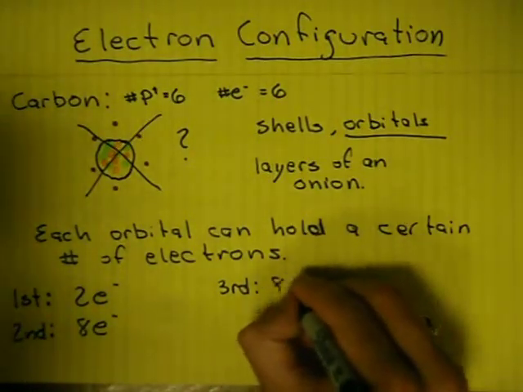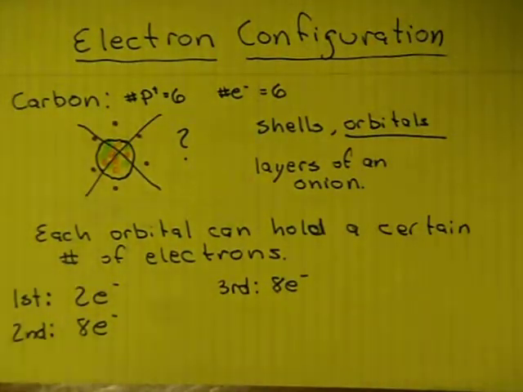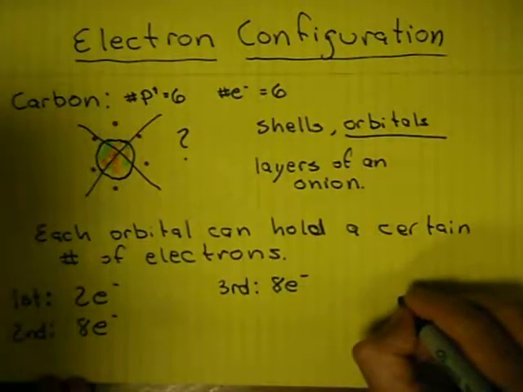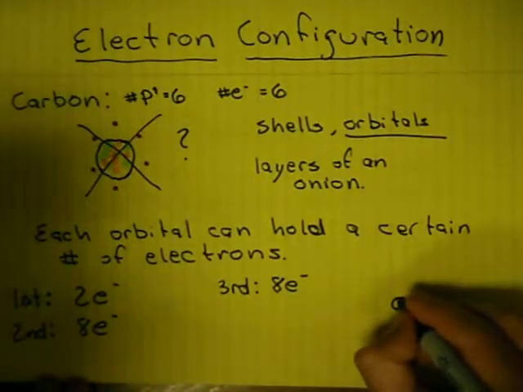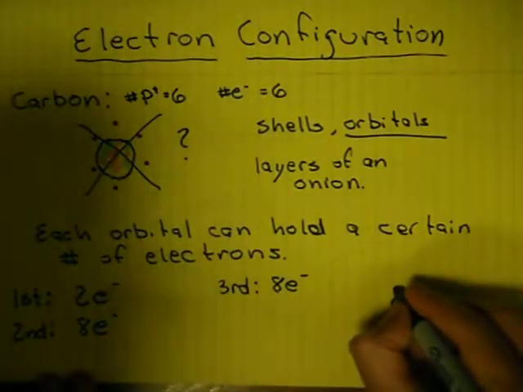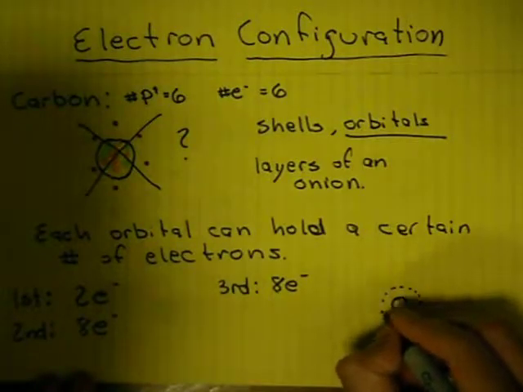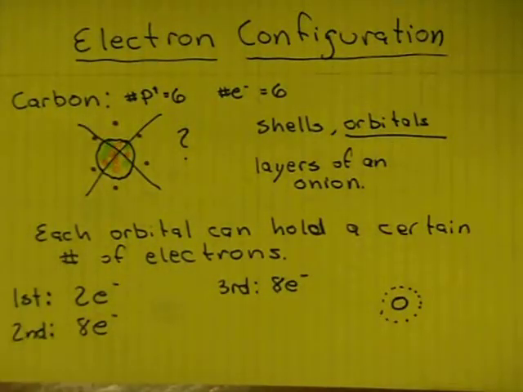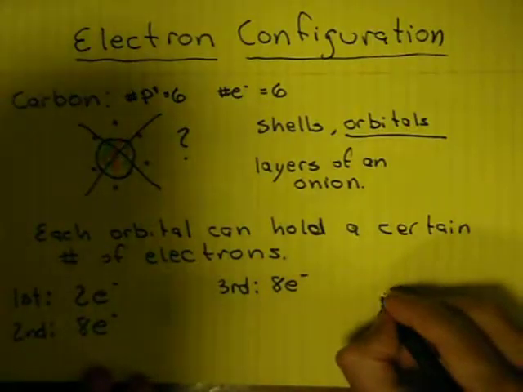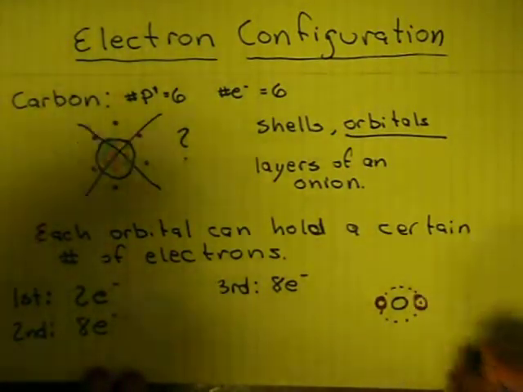So the way that we can conceptually think of this is that if this is our nucleus here, I'm going to make it a little bit smaller, but that's our nucleus. In this first shell, we've got the space here for 1, these are not to scale, and a space here for 2.